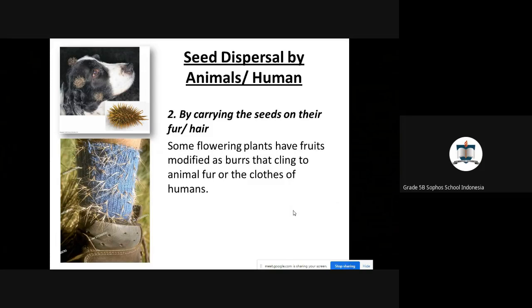And also, if we go to the field, then after that, when we check our socks, you can see that some seeds stick on our socks like this. Some flowering plants have fruits modified as burrs that cling to animal fur and the clothes of humans. What is the characteristic of this seed? This seed has hooks.